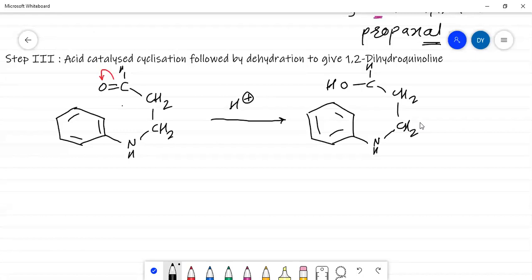Now, due to this type of bond breaking, this carbon atom becomes positively charged. As you know, there is one hydrogen on this benzene ring. This bond breaks towards the carbon atom. So when the carbon hydrogen bond breaks, the carbon becomes negatively charged, and this negatively charged carbon attaches with the positively charged carbon.